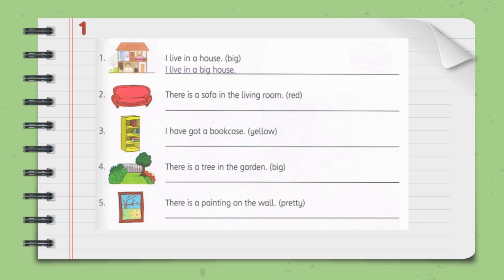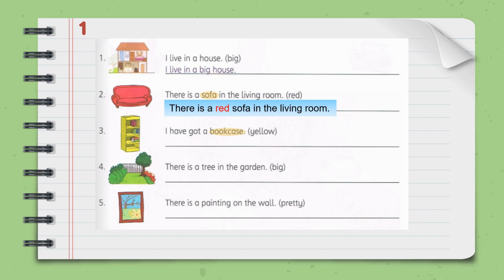Let's check the answers. For sentence number 2, the noun is sofa. So the sentence would be, there is a red sofa in the living room. Sentence number 3, the noun is bookcase.